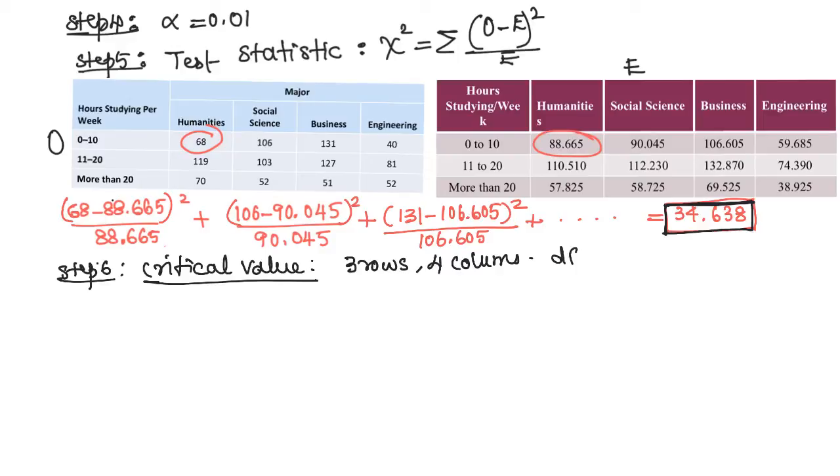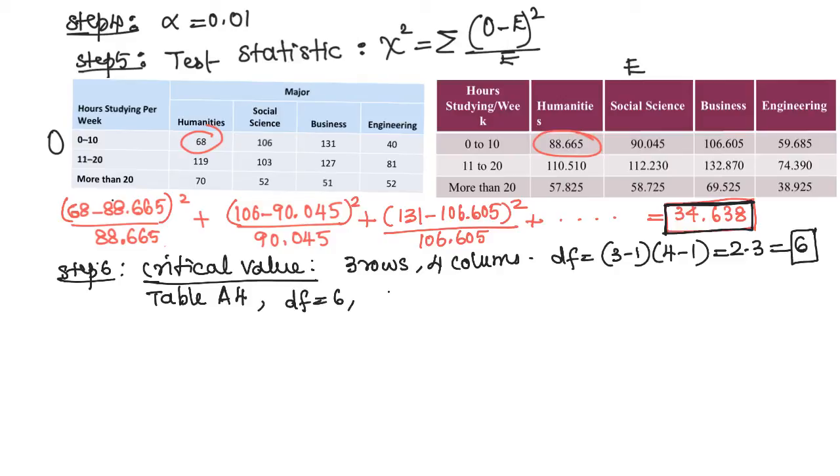So degrees of freedom is 3 minus 1 times 4 minus 1, that is 2 times 3, that is 6. So 6 degrees of freedom. So in table A4, degrees of freedom 6 and alpha 0.01, you will get chi-square at the significance level equal to 16.812.